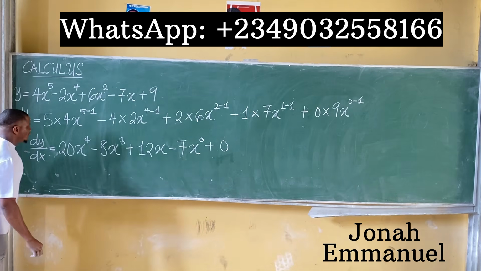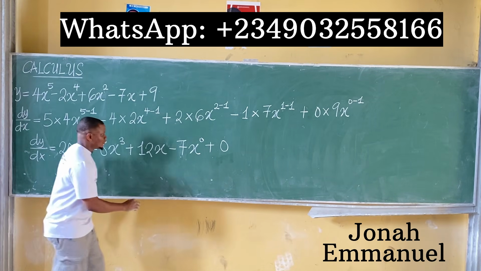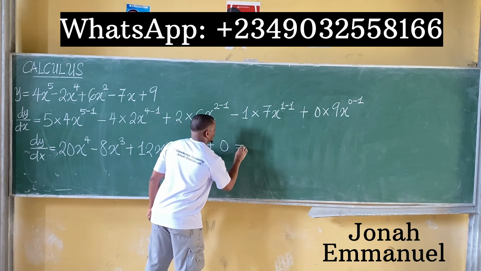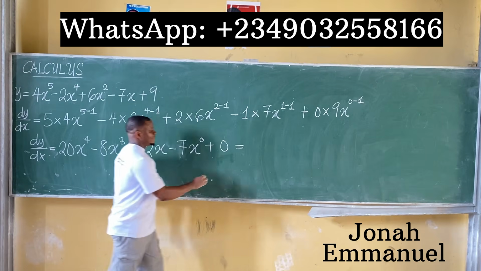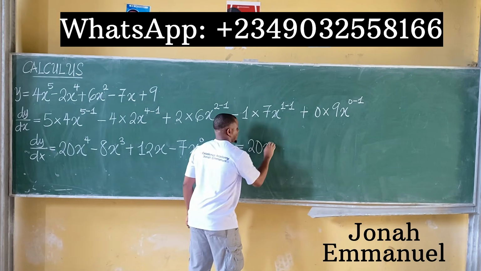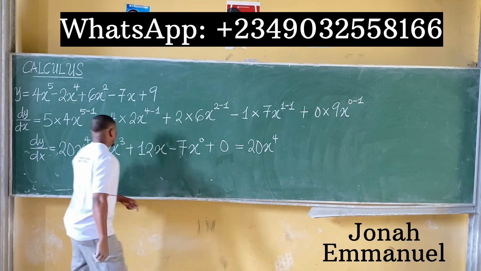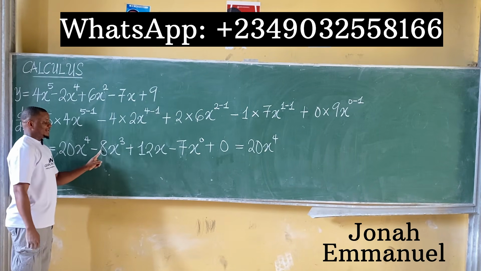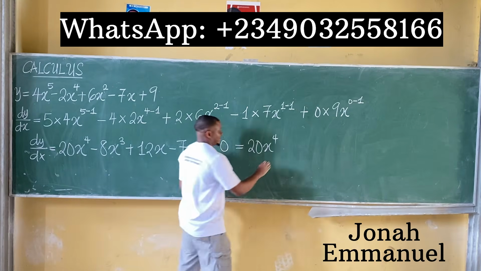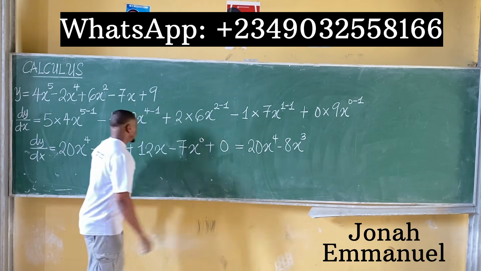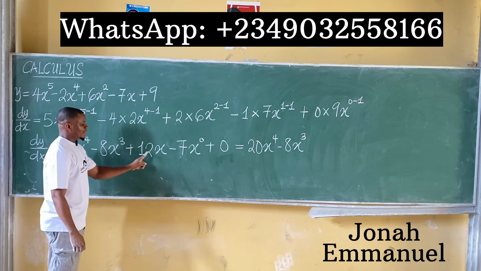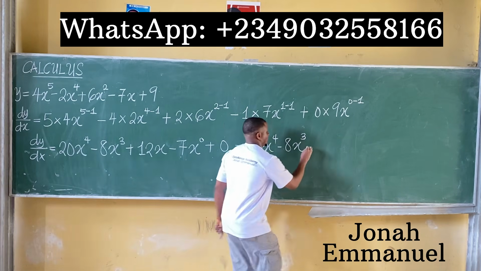All right, moving on. This will now be equal to 20x to the power 4. Next up, you have minus 8x cubed. Next up, you have plus 12x.